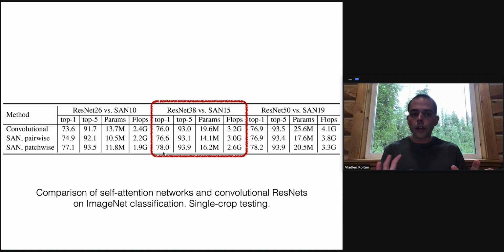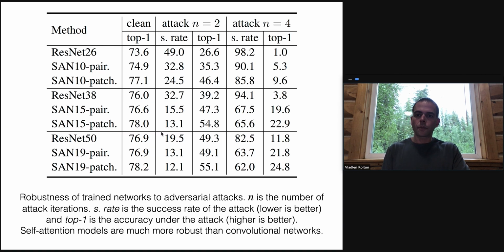This now is no longer a set operator, so it does inherit some of the limitations of convolution in that it has to operate on grid structured data. It does index data points by location. But look at the accuracy gain. We're now 2 percentage points ahead of the ResNet baseline, which is a remarkably successful convolutional network.